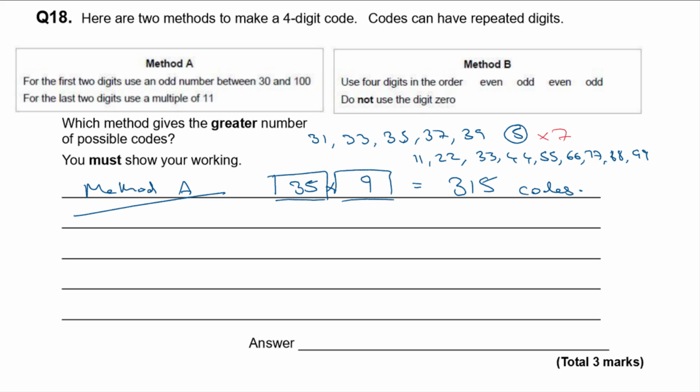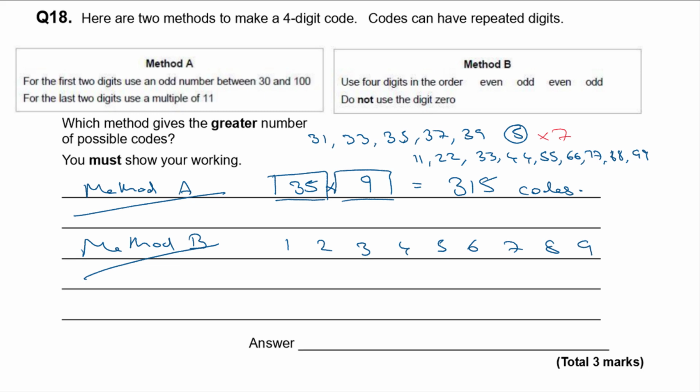Okay, right, so what about method B? So method B, use 4 digits in the order even, odd, even, odd. Do not use the digit 0. Now I can have repeated digits, so how many even numbers are there between 1 and 9? So numbers between 1 and 9, 1, 2, 3, 4, 5, 6, 7, 8, 9.